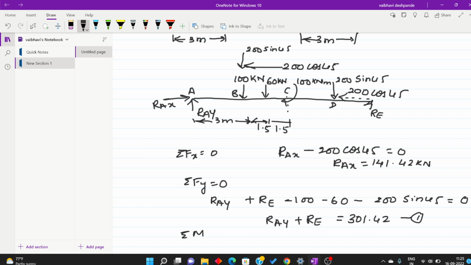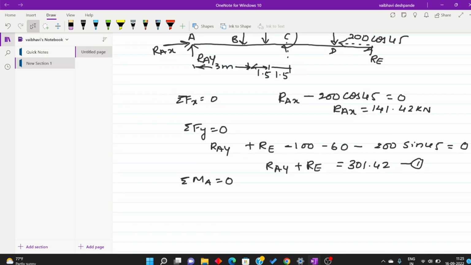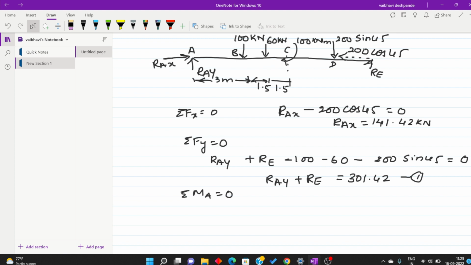Now we have to take moment about either A or E to find either of the reactions. Let me take moment about point A. First, RAX and RAY are not causing any moment because they are passing through point A. Even 200 cos 45 is passing through point A. Now the 100 kilonewton is going to cause a clockwise moment about point A, so positive.